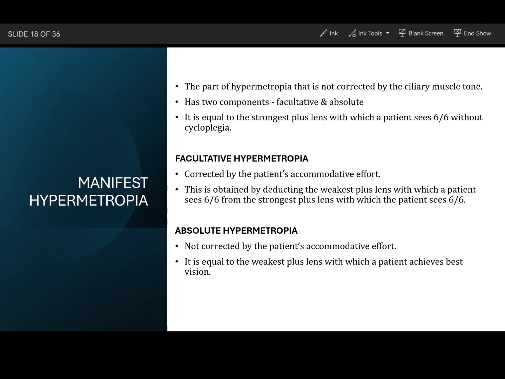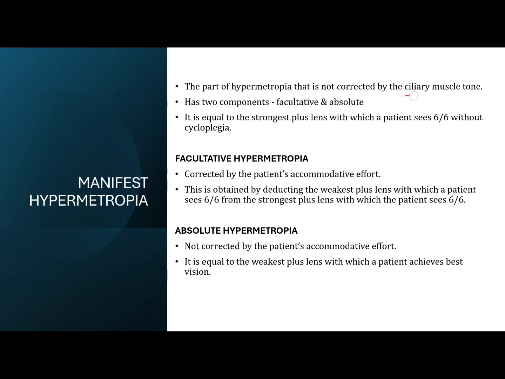So what is manifest hypermetropia? Manifest hypermetropia is that part of hypermetropia that cannot be corrected by the ciliary muscle tone. Okay. So how do we find out? It is nothing but the strongest plus lens with which a patient sees 6/6 without cycloplegia. It is very important because we have already found out what total hypermetropia is.